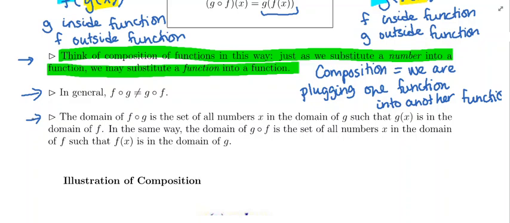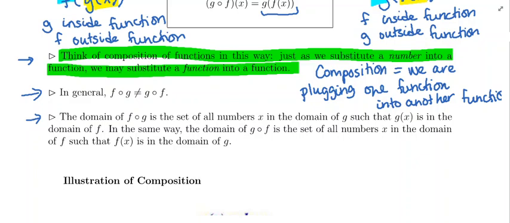In the same way, the domain of g of f is the set of all numbers x in the domain of f such that f of x is in the domain of g. As soon as you read those two sentences, you're like, what? So don't read too much into what that says right now, but just remember what I'm telling you as we go into the examples. Forming the domain of a composite function is tricky, but I'm going to walk you through how to do it.